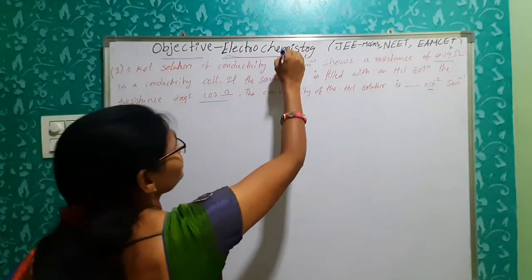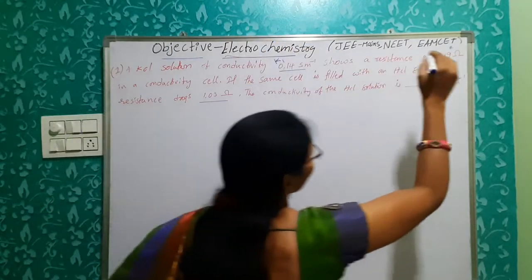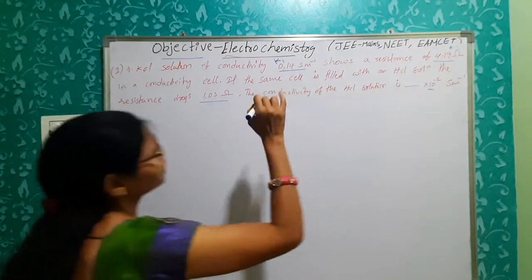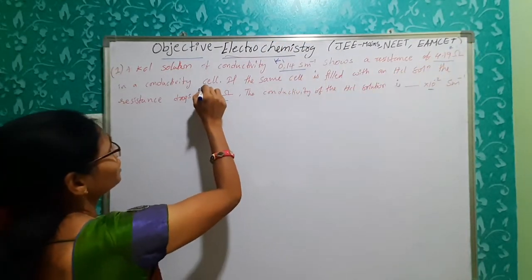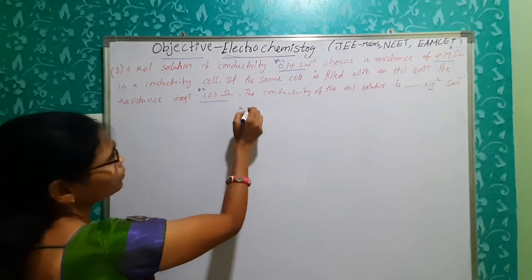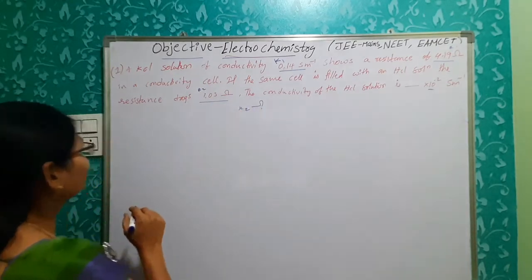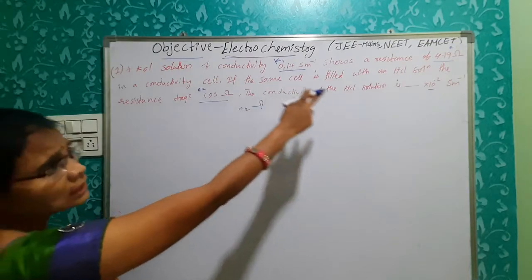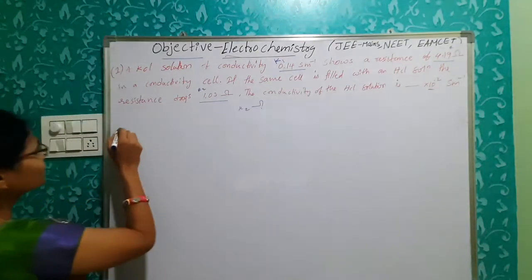Initially K1 is the specific conductance and R1 you can take here. So this is R2, and we have to calculate K2. What is the relation between specific conductance and resistance?